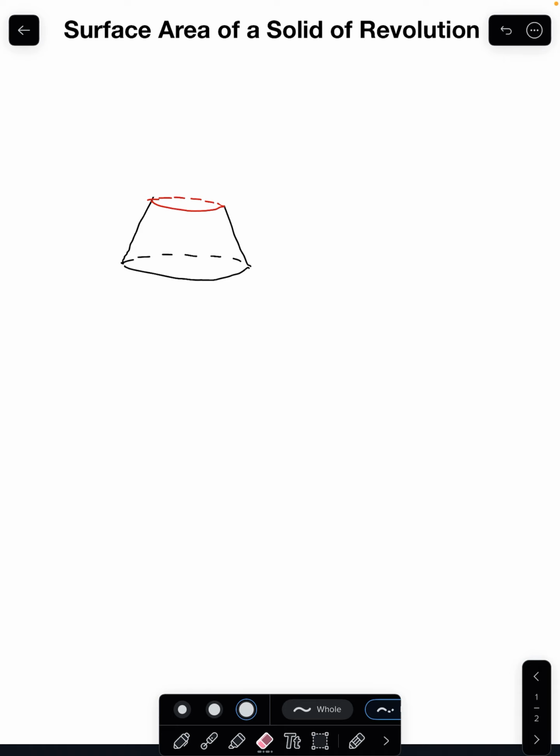Not counting the circular top and the circular base, the surface area of that slanted portion that goes all the way around is what is produced for the surface area of a solid of revolution.